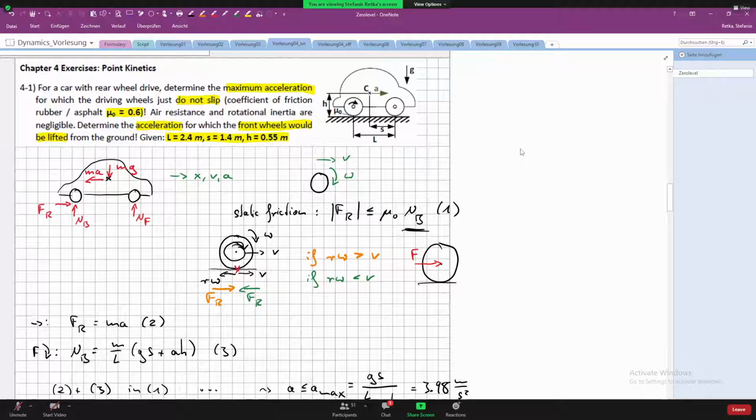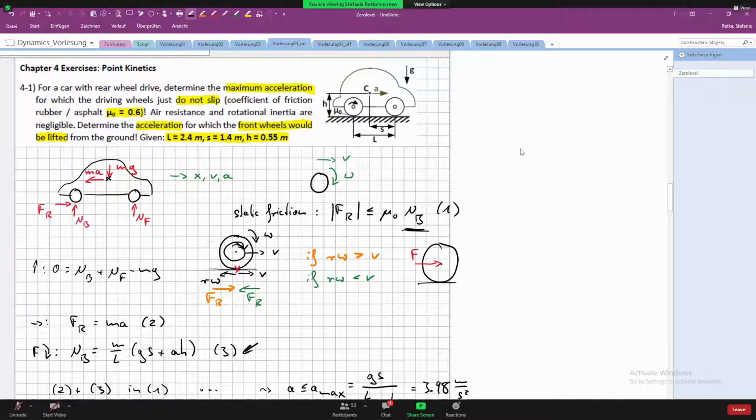Well, I didn't get... No, NB is not equal to MG. That's wrong. If you build the equation in vertical direction, then you'd have NB plus NF minus MG. You have to use this equation right here.